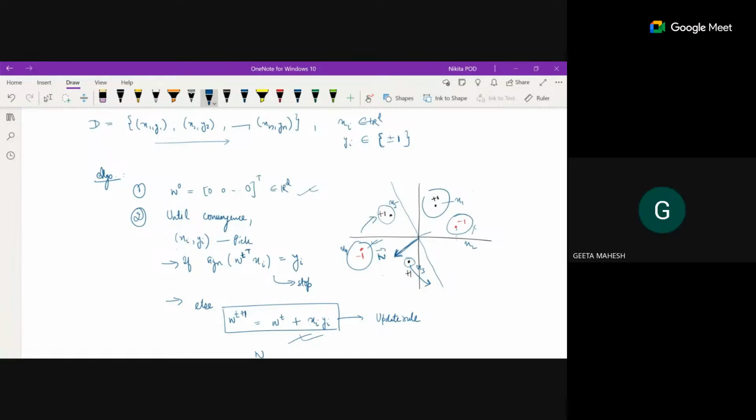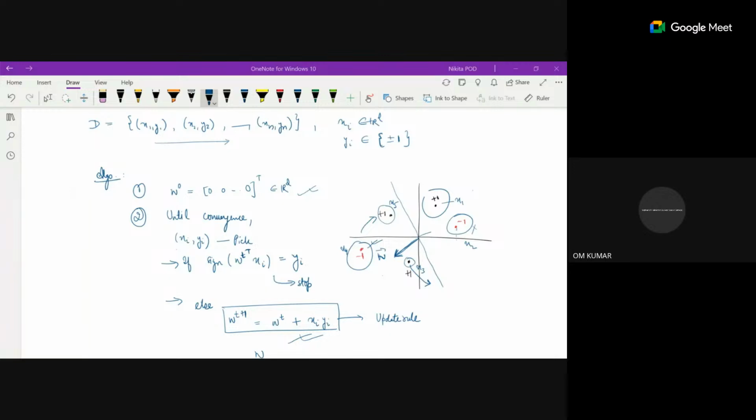But you have to redo this for all the data points, since the weight has changed? Yes.